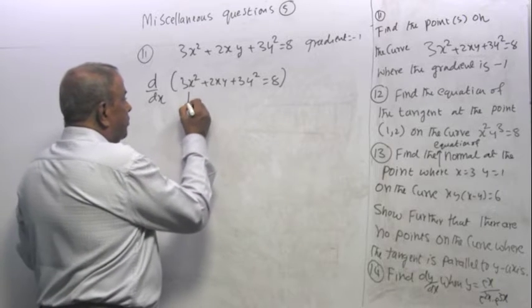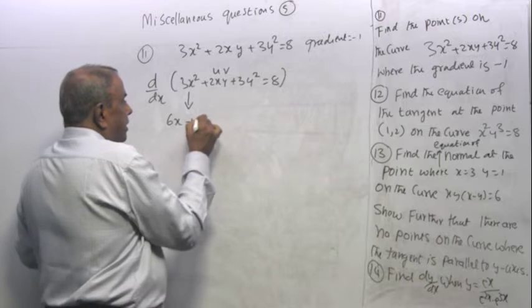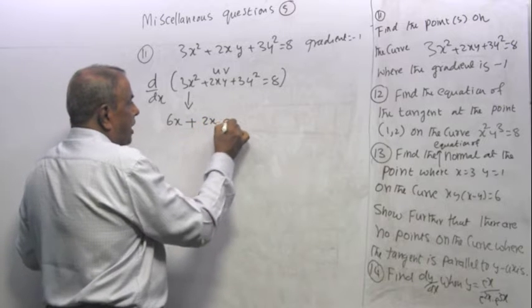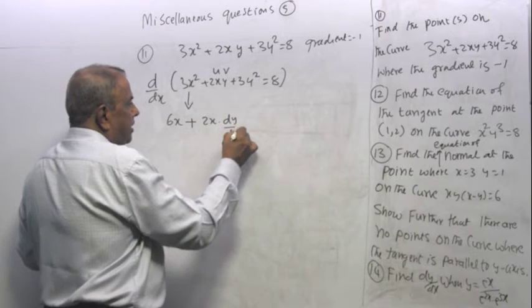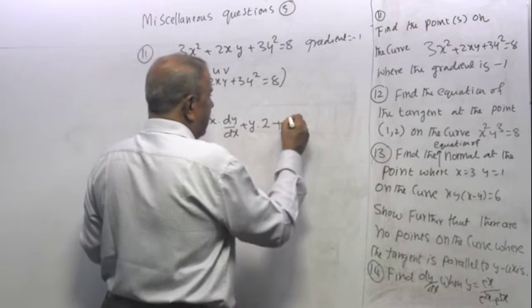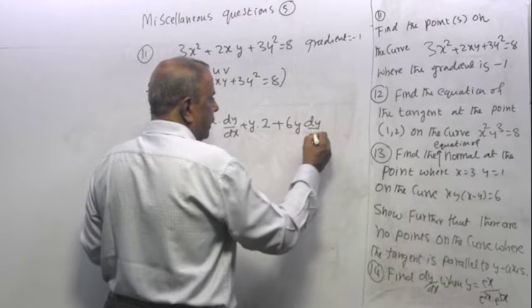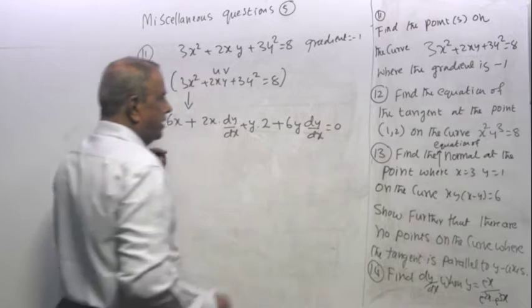So 3x squared gives you 6x. This is uv. U is 2x, y gives you dy by dx, plus v is y, 2x gives you 2. 3y squared gives you 6y, but y gives you dy by dx, equal to 0.